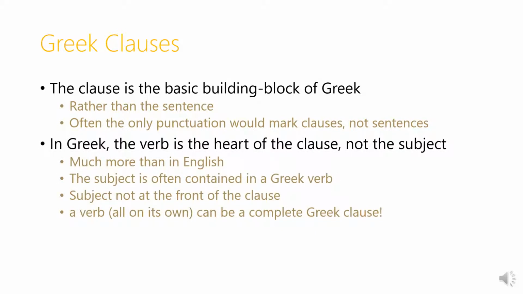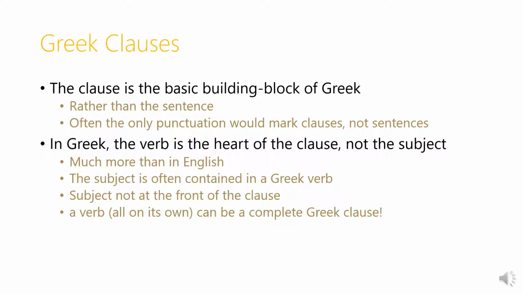In Greek, it's the verb that's the heart of the clause, not the subject. And this is much more so than in English. In English, we usually talk about a clause as a subject and predicate. That makes the subject the real focus of an English clause, and everything else in the clause is telling us about the subject.